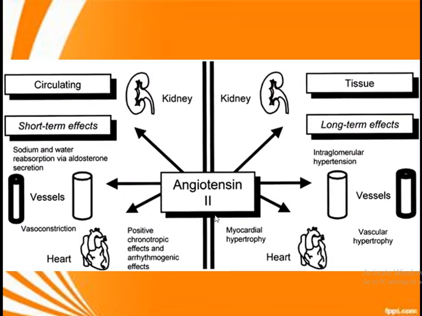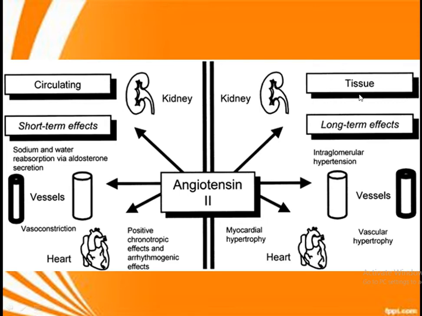This diagram is going to show you the effects of the angiotensin 2, short term and long term, over the circulatory system and at the tissue level. So angiotensin 2 is going to rapidly conserve the sodium and water, while the aldosterone secretion is also causing the vasoconstriction and has a positive chronotropic effect over the heart.